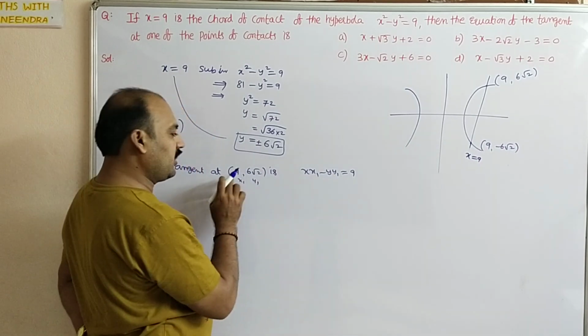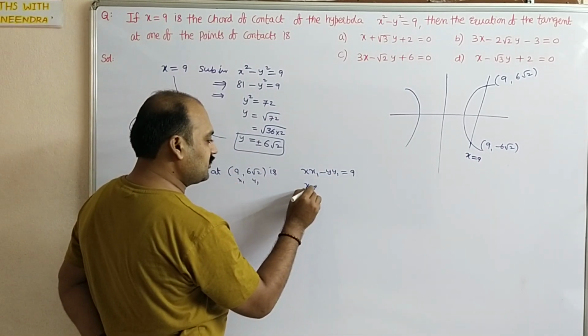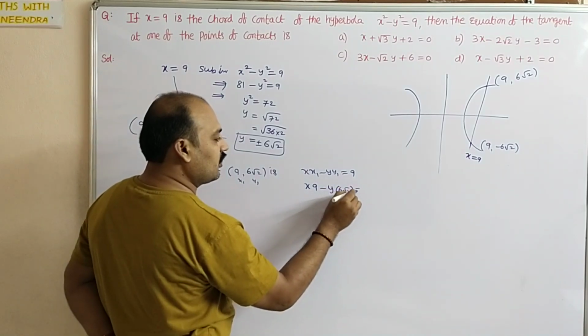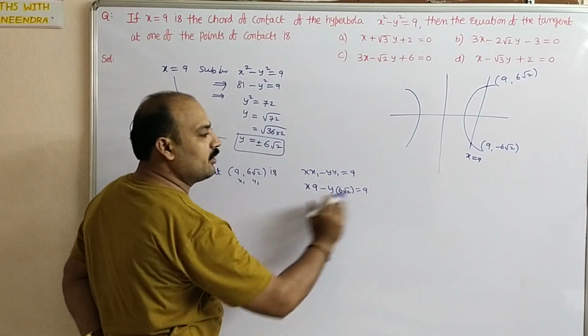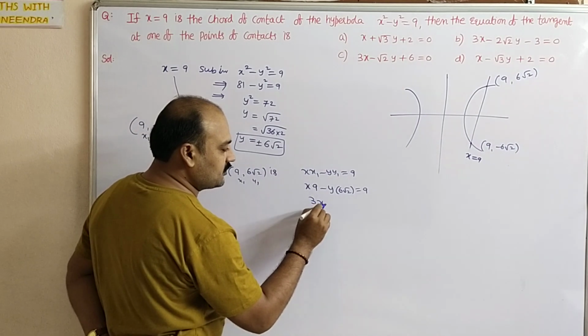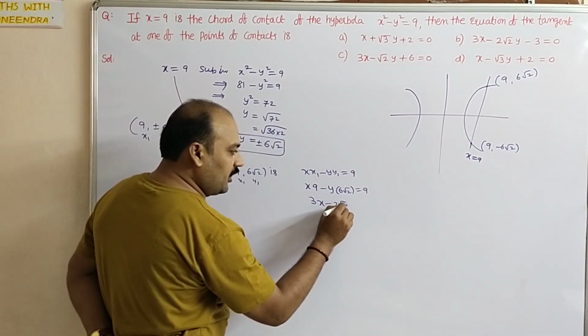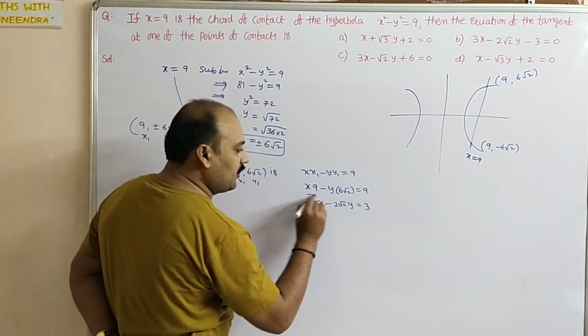So in place of x1, y1, 9 and 6 root 2: x into 9 minus y into 6 root 2 is equal to 9. Dividing by 3, 3x minus 2 root 2 y is equal to 3.